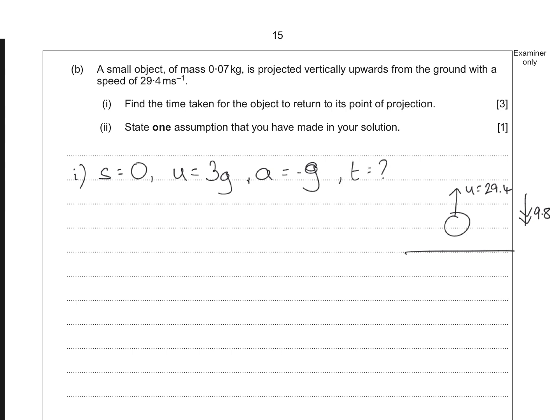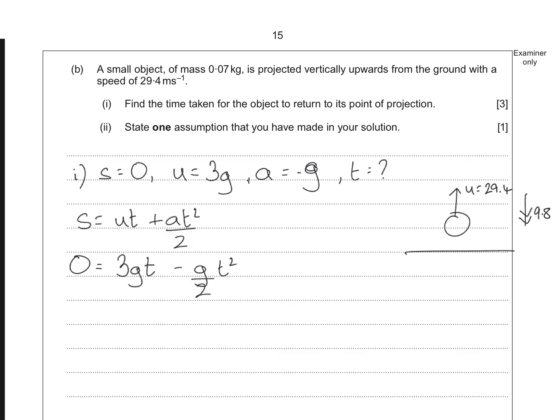It's not weird that the equation we're using is the one we just proved, so we're going to use s equals ut plus at squared over 2, so 0 equals 3g times t minus g over 2 t squared.